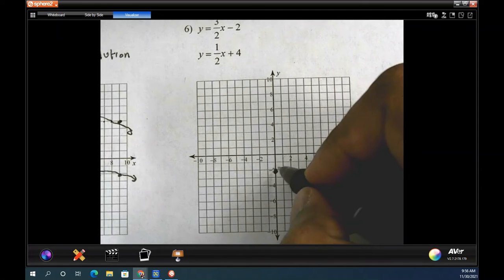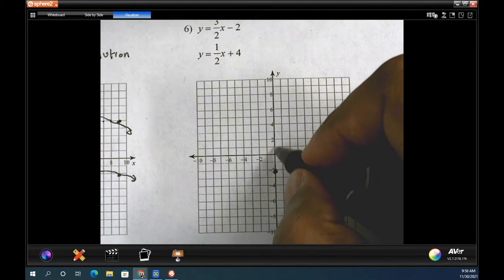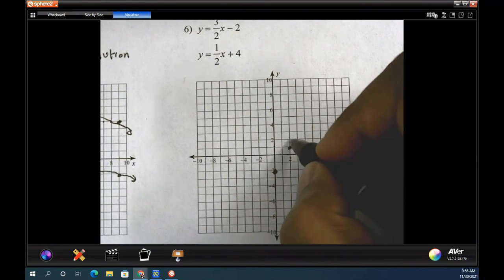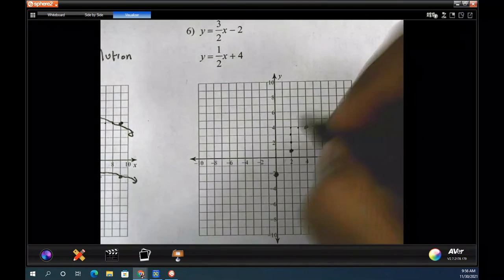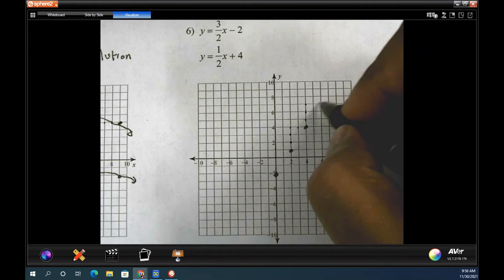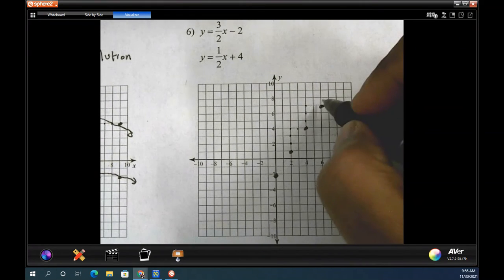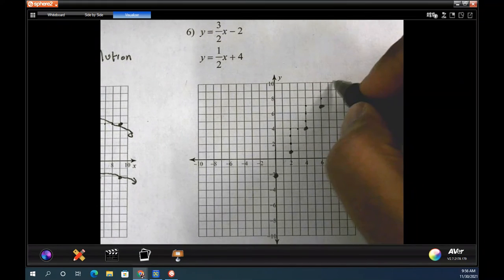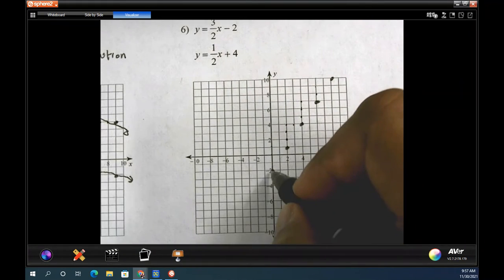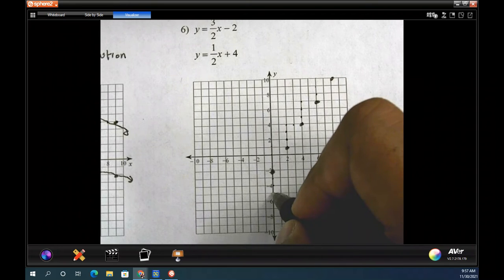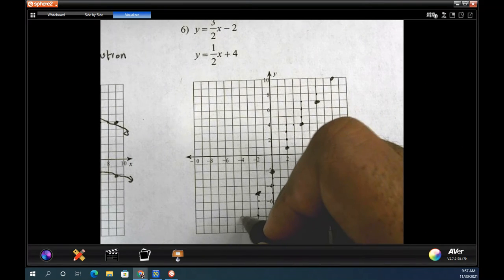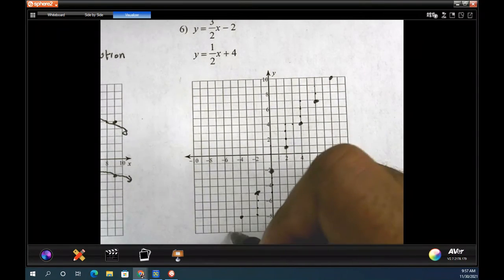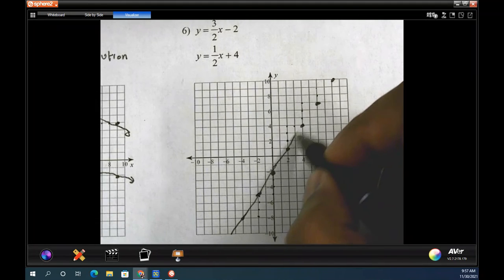Slope is 3 halves. You go up 3, right 2. Up 3, right 2. Up 3, right 2. There we go. Or we can go down 3, left 2. Oh, that's all we can do. Connect those points.